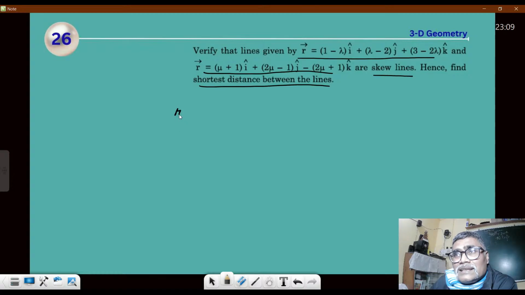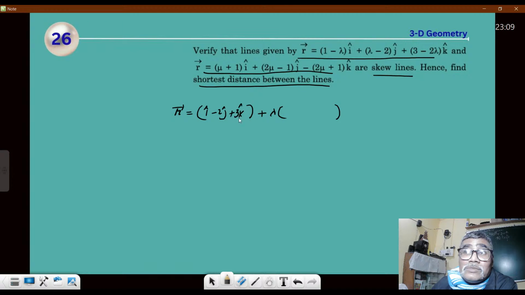The first line I would like to write in this particular form, and this you can directly write. In this case, you put all those components which are free from lambda from the first line. So it will be 1 i cap, then minus 2 j cap, and 3 k cap.